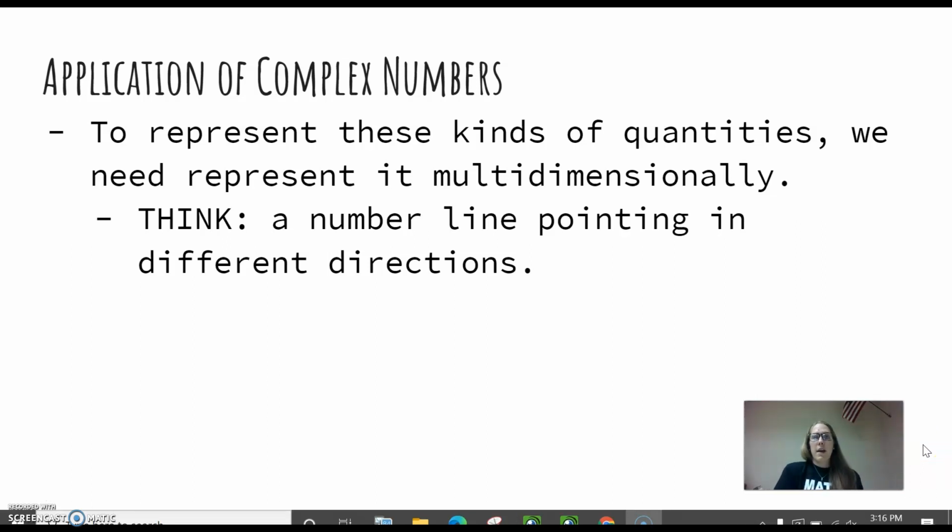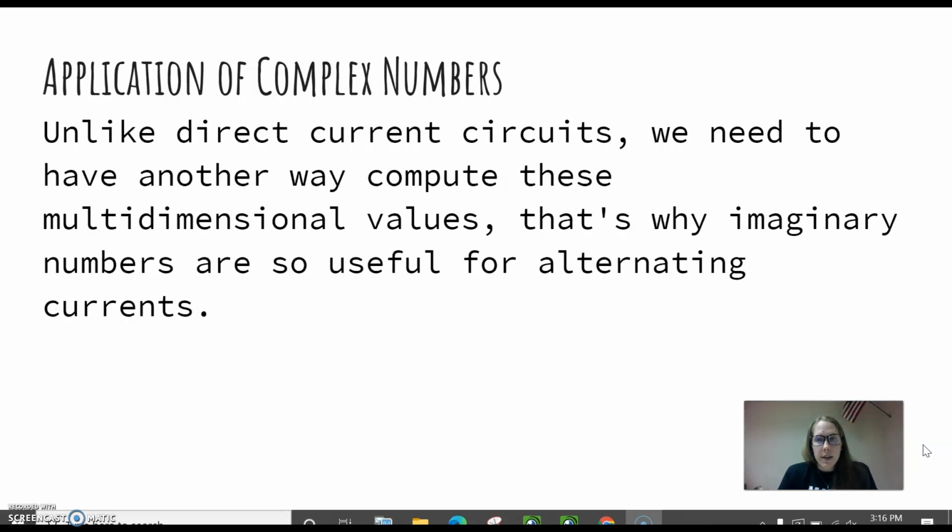That might give them a better idea of, okay, if my number line is pointing straight north, and then I have a number line pointing straight west or southeast, how do I represent all of those different components? Our complex numbers allow us to do so. Unlike direct currents, we need to have another way to compute these multidimensional values. That's why imaginary numbers are so useful for alternating currents.